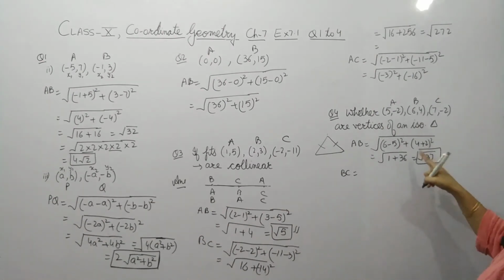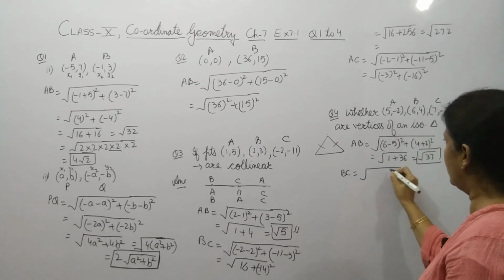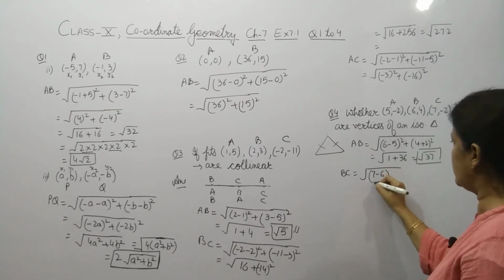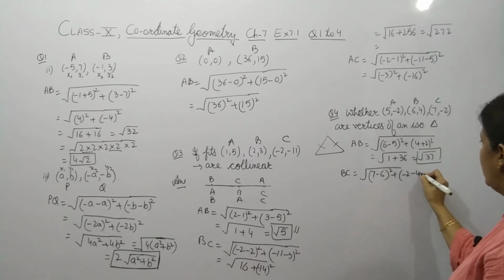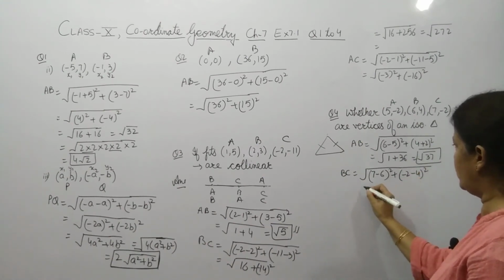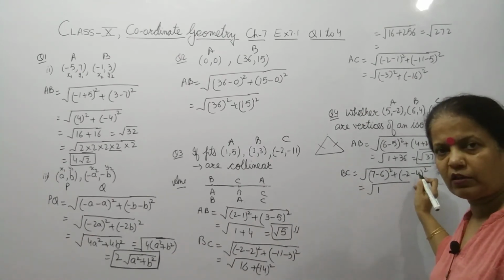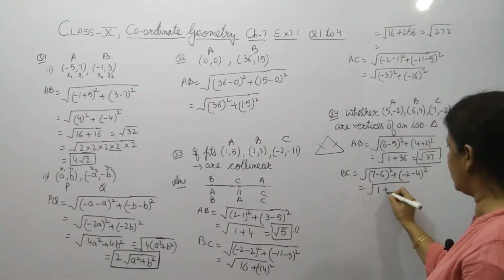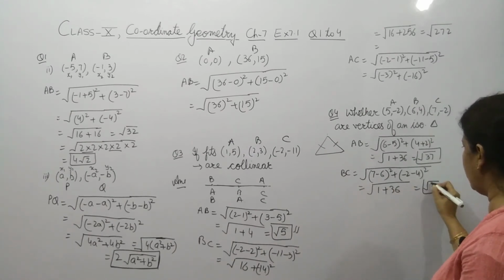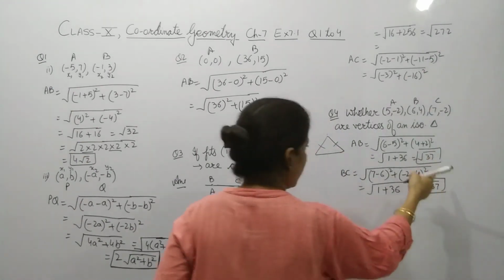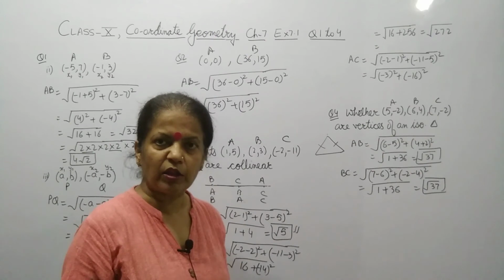BC will be x2 minus x1, 7 minus 6 whole square plus y2 minus y1 whole square. So this is coming as 1 square plus minus 2 minus 4, minus 6 whole square. So it is 36. We are getting it as 37. Both the sides are coming same. So यहीं से हमें idea लग गया that it should be an isosceles triangle.